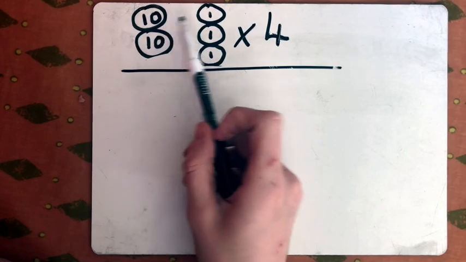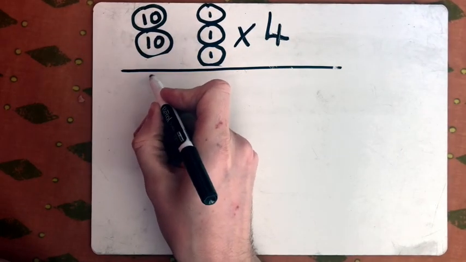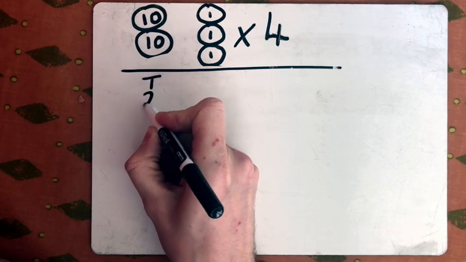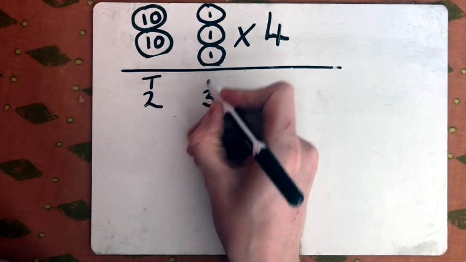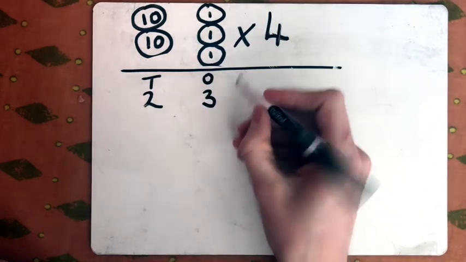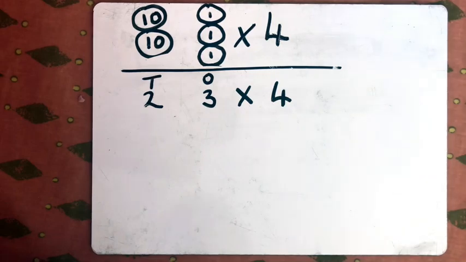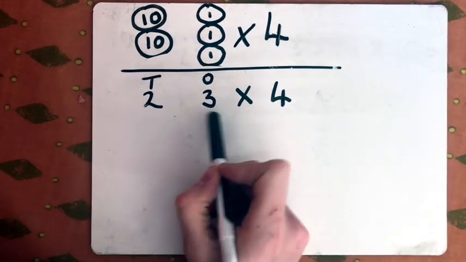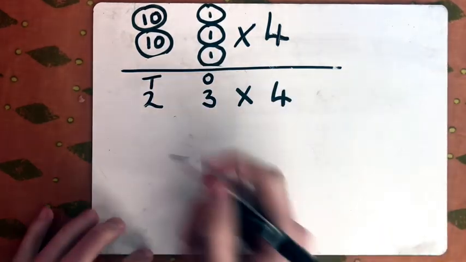So if I think of this as tens, I've got 2 tens, and I've got 3 ones. So the numeral I've got is 23, but it's 2 tens and 3 ones.